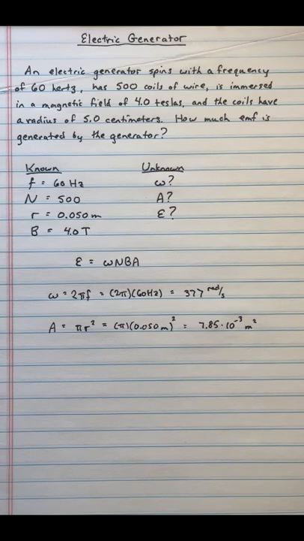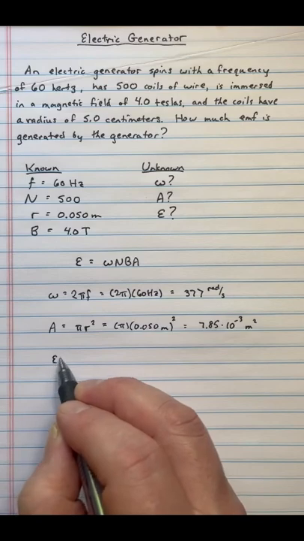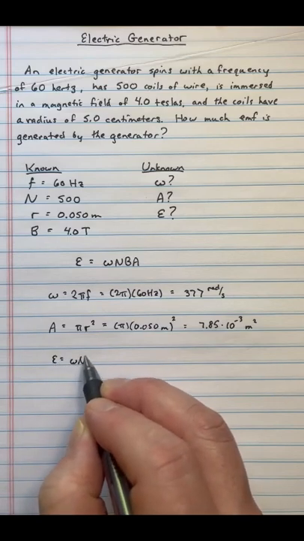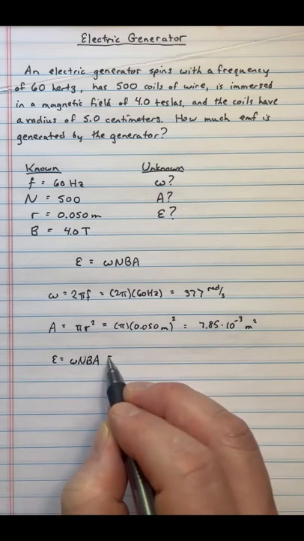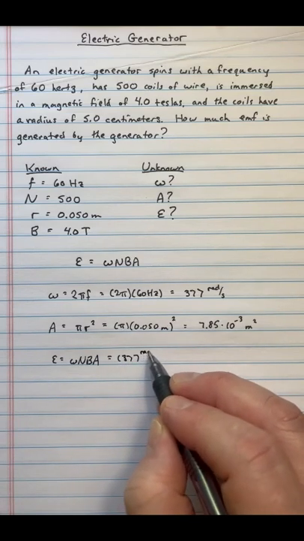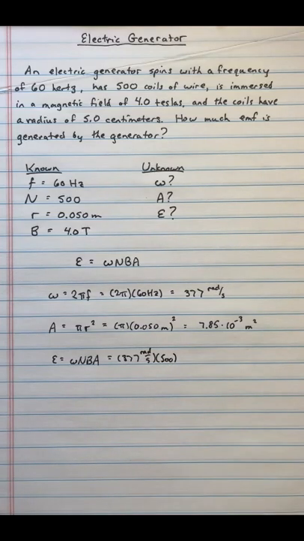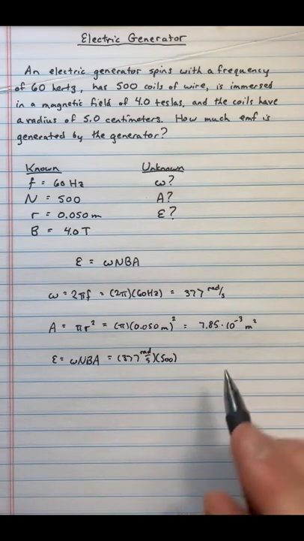So all right, we've got our coil of wire rotating at this rate around our magnetic field, and that number of turns of wire. Now it's just basically a plug-in chug sort of idea. So omega NBA, like this. So 377 radians per second for omega, 500 for the number of turns. Notice there's no units, it's just a number.